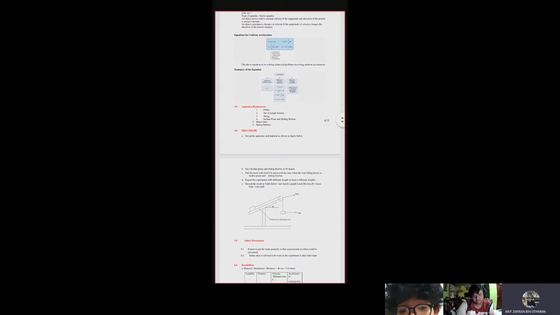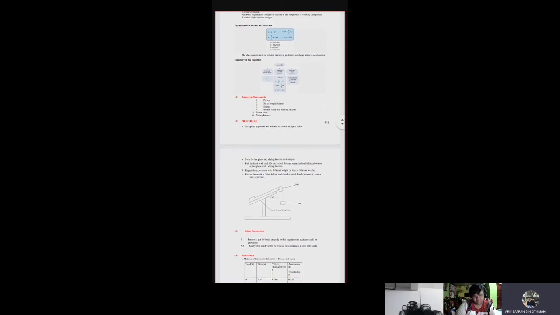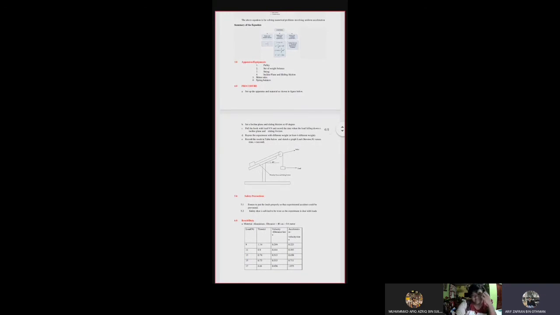We go to number 3, apparatus or equipment. Number 1, pulley. Number 2, set of weight balance. Number 3, string. Number 4, inclined plane and sliding friction. Number 5, meter ruler. Number 6, spring balance. Number 4, procedure. Step 1, set up the apparatus and material as shown in the figure below.